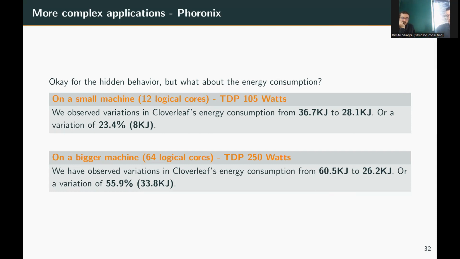And on the Davidson machine, which is a bigger machine, we had a variation of more than 50% of the actual energy consumption of the application. That means that the actual behavior of the application had less impact on the energy consumption than the context. And if we have a bigger machine, we can expect even higher variations in that regard.